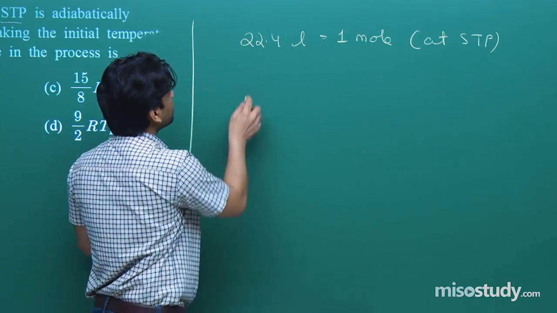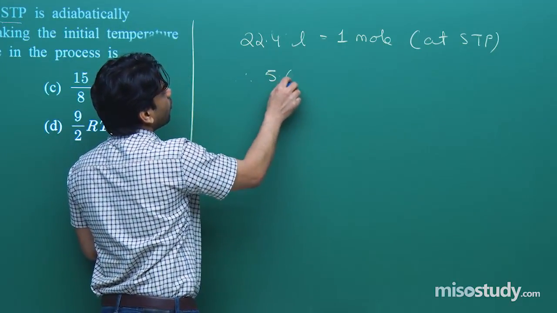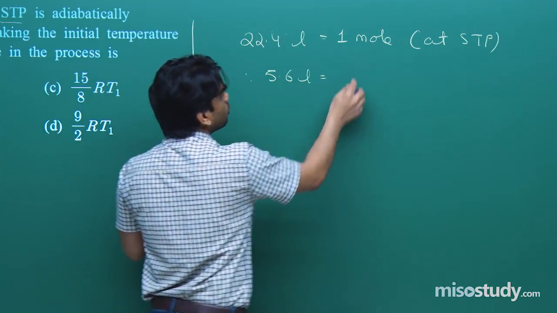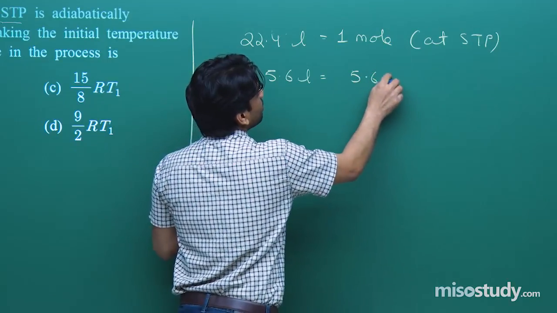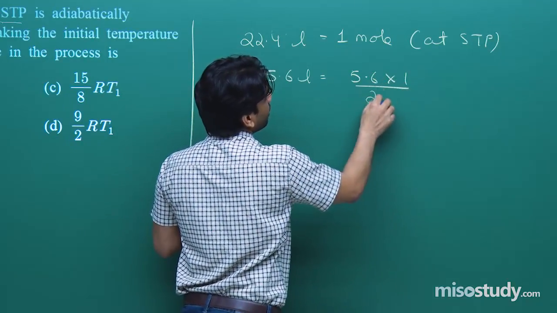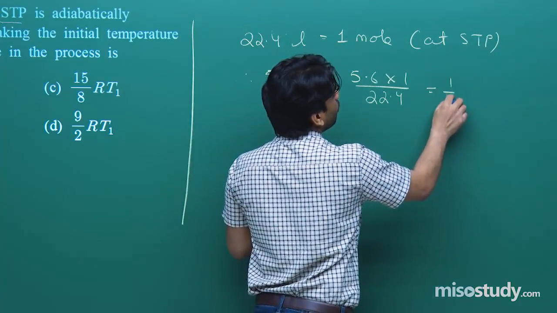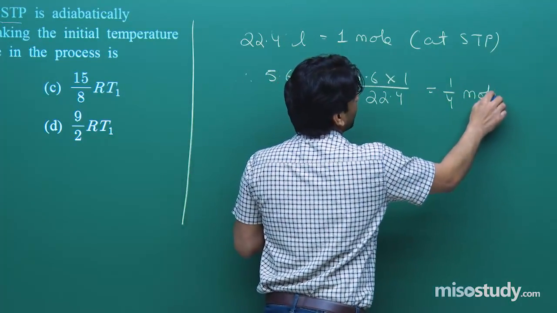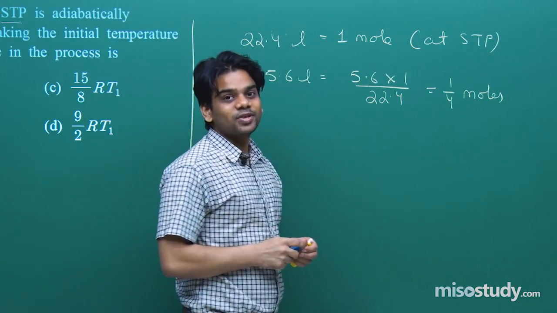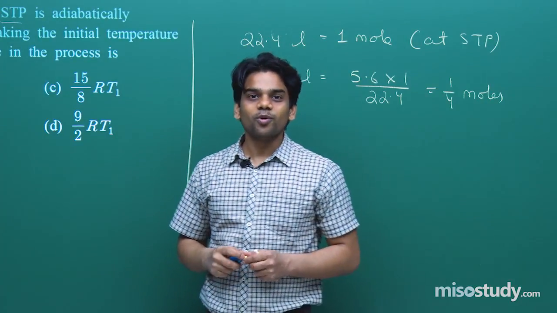So 5.6 liter will be equal to 5.6 multiplied by 1 divided by 22.4, that is equal to 1/4 moles. That means the gas contained within the container is 1/4 moles.